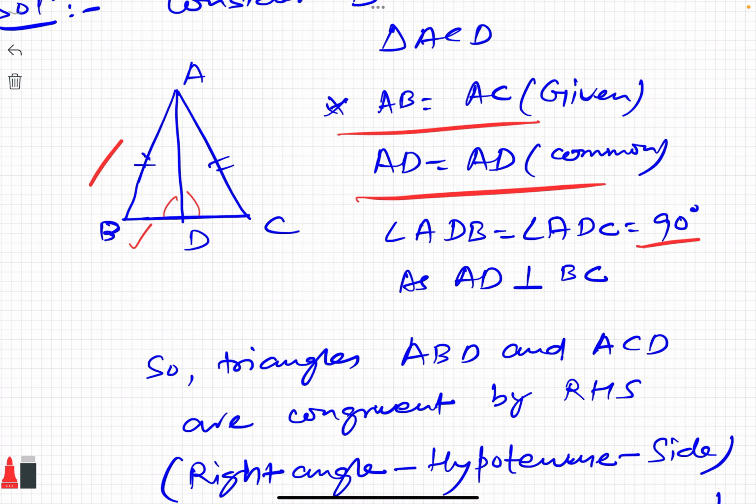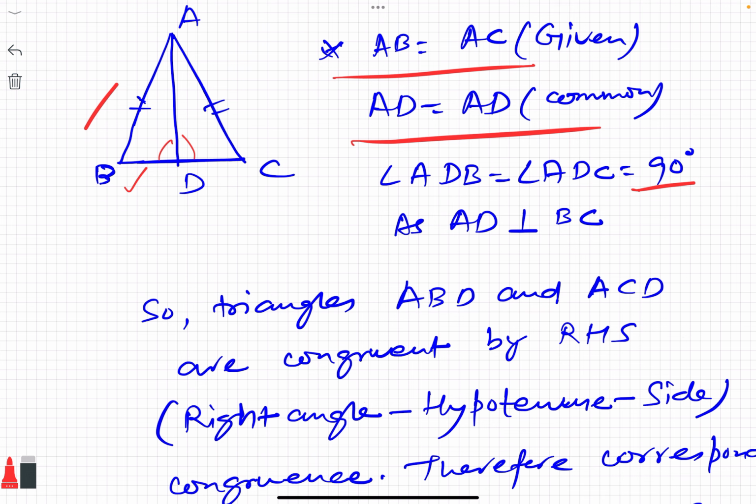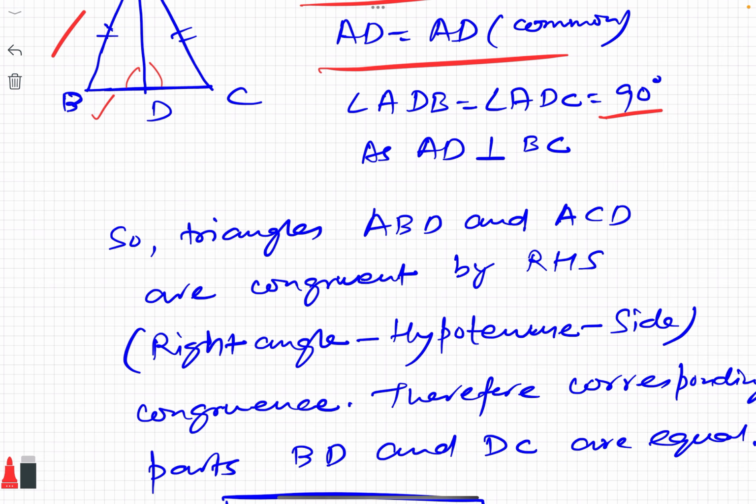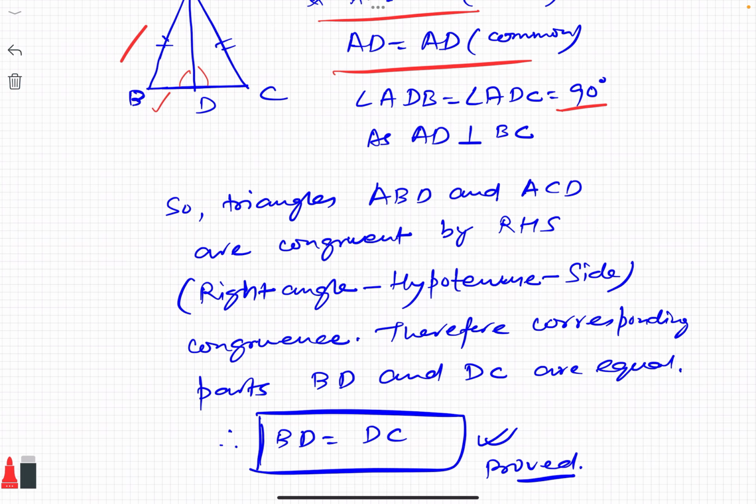So triangle ABD and ACD are congruent by RHS, right angle hypotenuse side, congruence. Therefore, corresponding parts BD and DC are equal. BD is equal to DC.